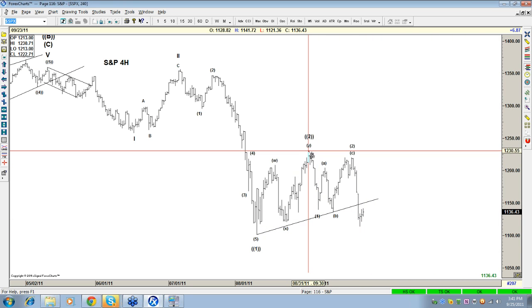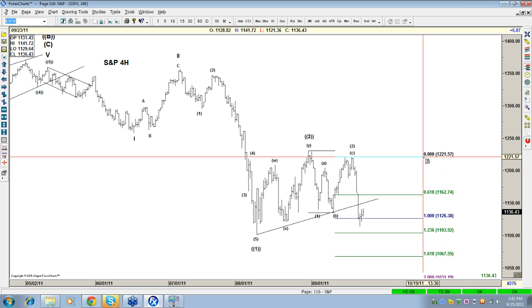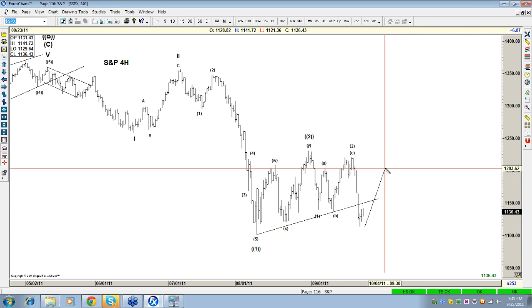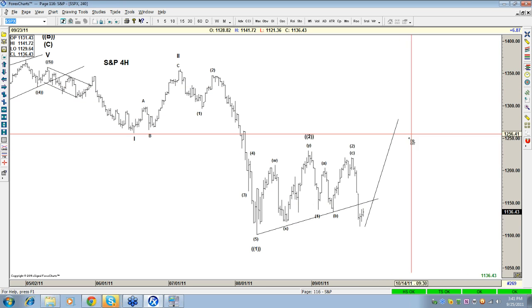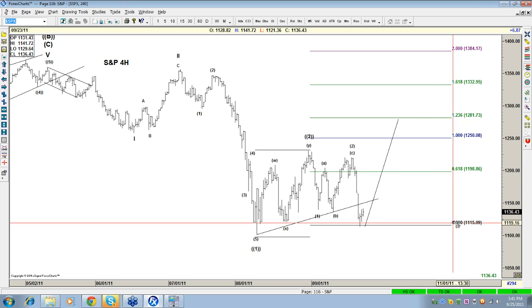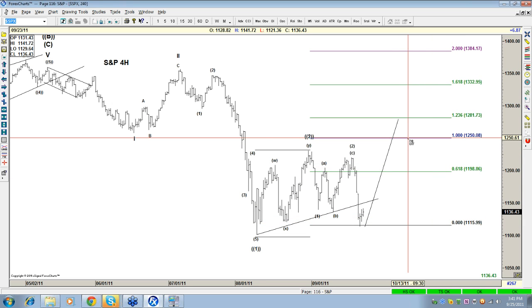And then who knows, it collects, who knows if this is recovery, and then that being the case, should trade higher to 1250 again.